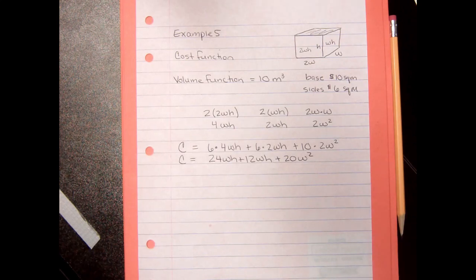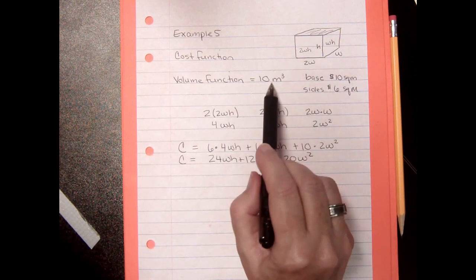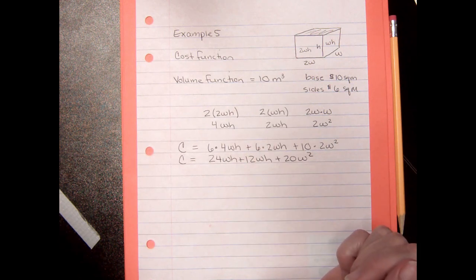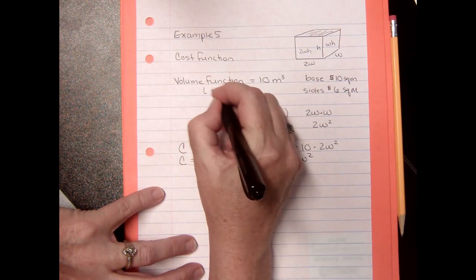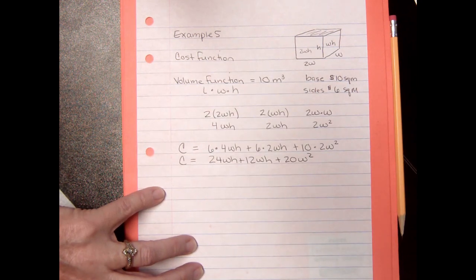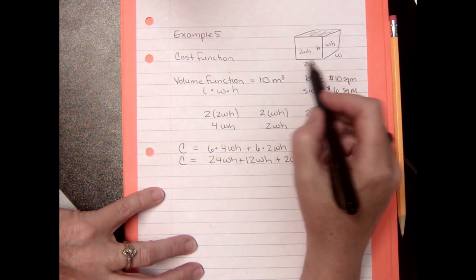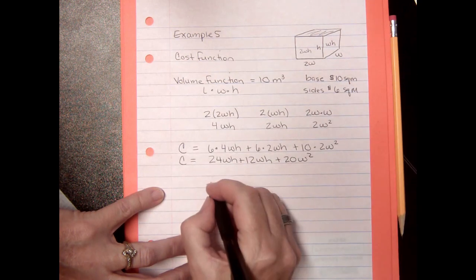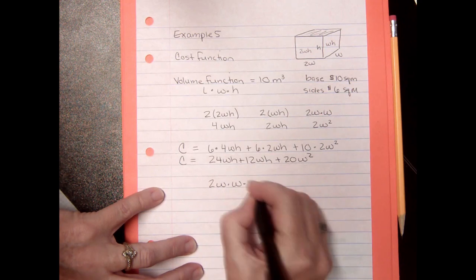What else do we know about this rectangular box? They told us that the volume is 10 meters cubed. Well, volume is length times width times your height in a rectangular prism, and that's what we have here. So our volume here would be length, width, and height. Length is 2W, width is W, and height is h.